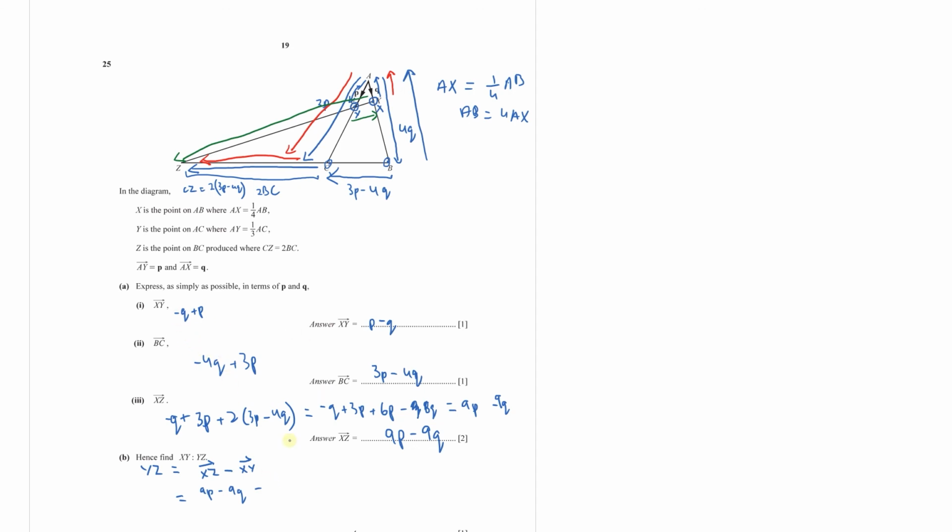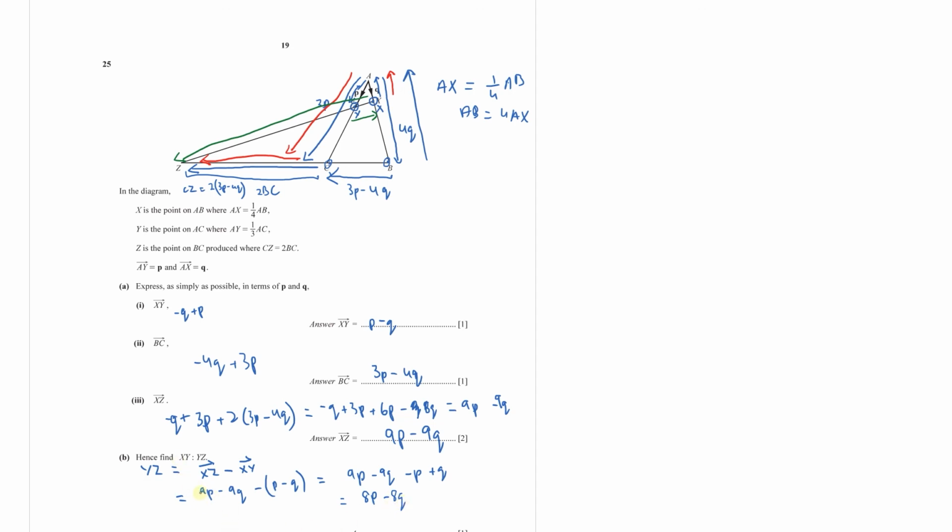Your xy is p minus q, so you subtract p minus q. This gives you 9p minus 9q minus p plus q, which gives you 8p and then negative 8q.